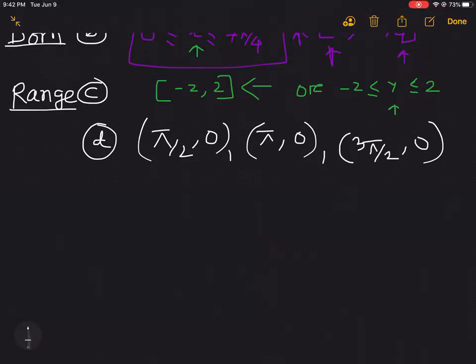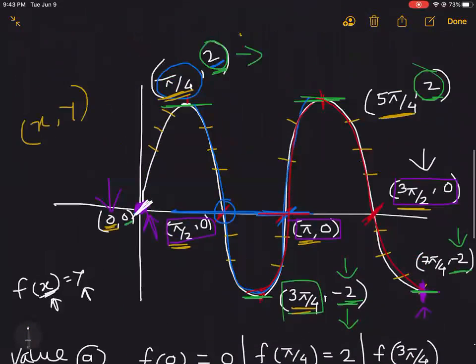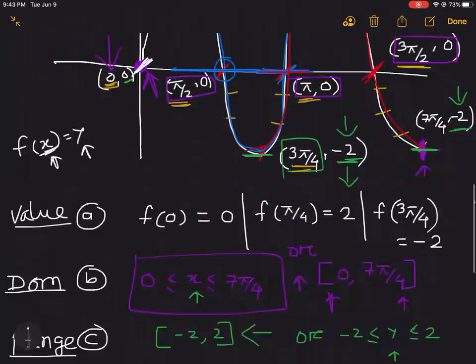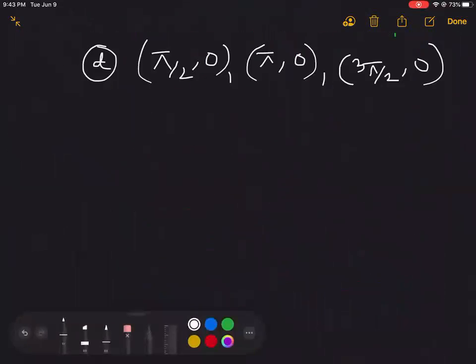And finally, we want to see how many times does the line y equals -1 intersect the graph, okay? Now, how can we do that? So first of all, we need to go back to the graph. It looks messy, so let me redraw the graph for your convenience.